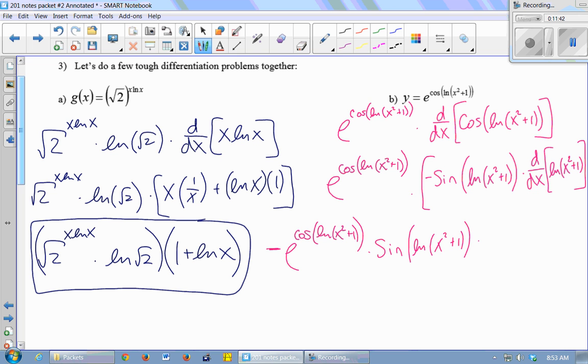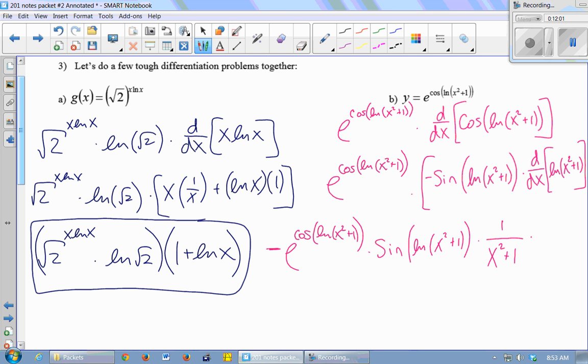So the derivative of the ln of some stuff is 1 over that stuff. So this is going to be times 1 over x squared plus 1 times the derivative of the stuff, which is 2x. And that one I can do in my head, right?